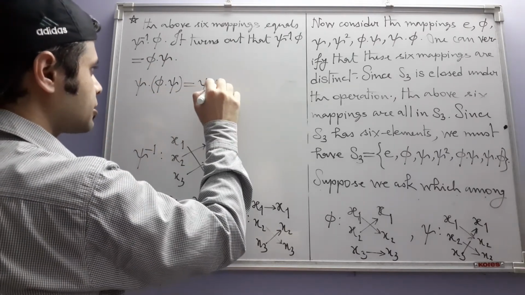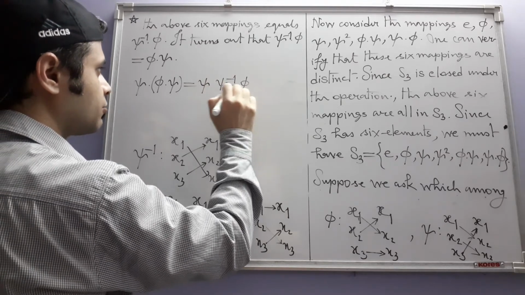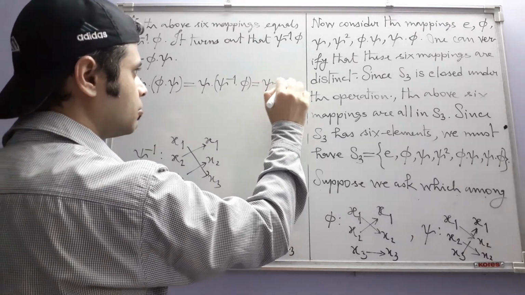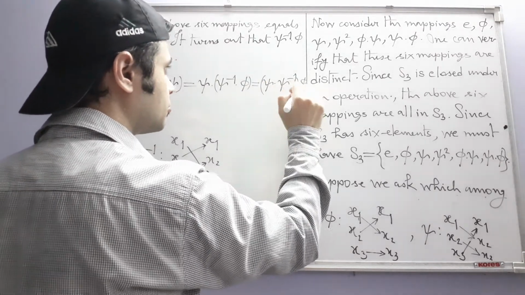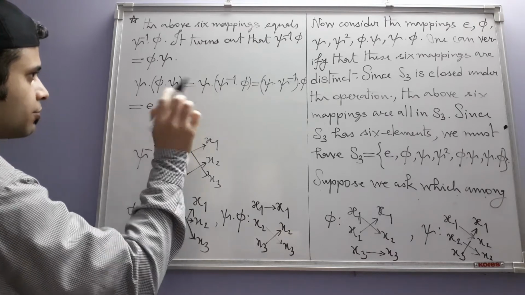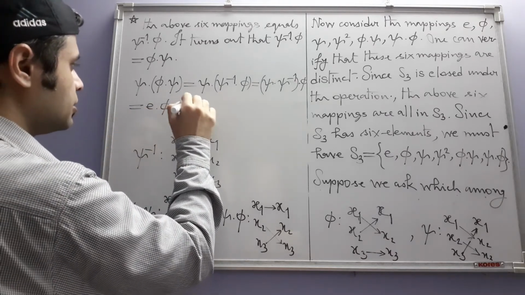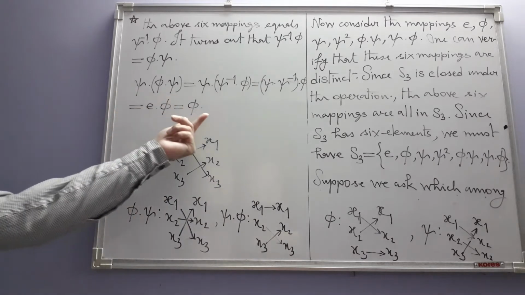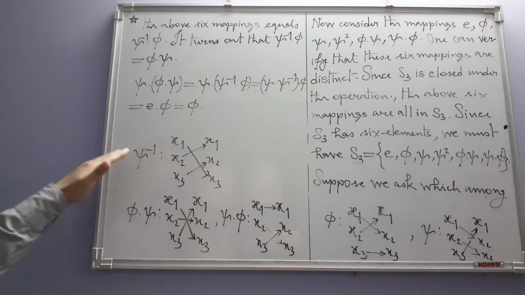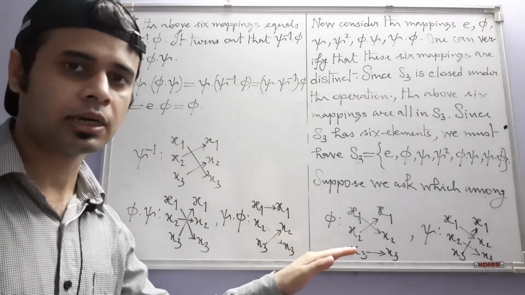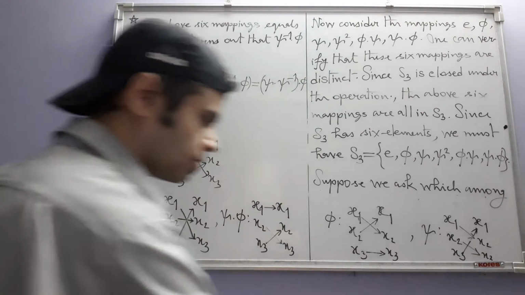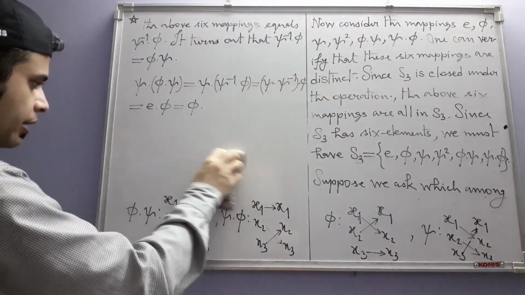So in place of phi dot psi, we can write psi inverse dot phi. Now we use the associative law. So this gives us identity times phi from the fourth axiom, and then from the third axiom this is equal to phi. So this element turns out to be equal to phi. No matter what sort of product you form, ultimately because S3 is closed under that operation dot, you are going to get one of these things. Okay. One more thing that we would like to calculate is this.